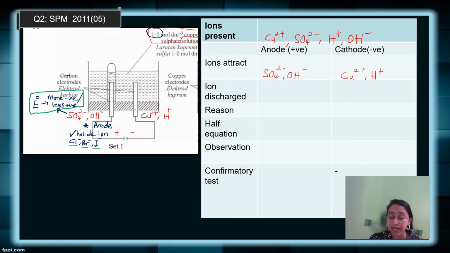We select based on standard potential value, which one has an E0 value that is more negative or less positive. When you check it out, you will see that hydroxide ion has the more negative value, hence we choose it here based on E0 value.